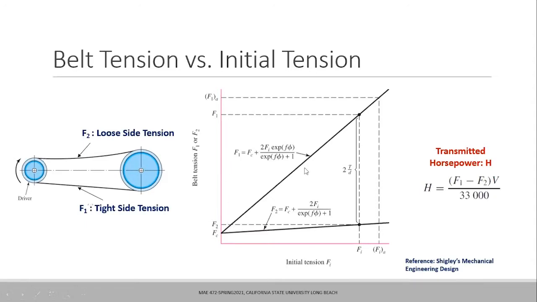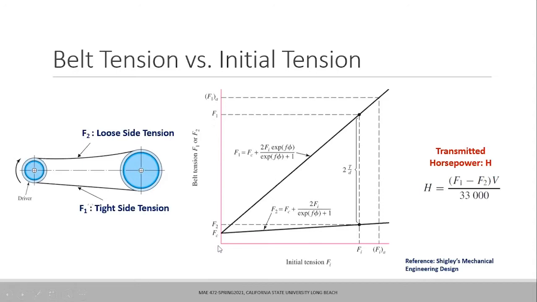If you see, there are two lines. One line represents F1, the tighter side tension. The second line represents F2, the loose side tension. These lines are drawn by plotting F1 and F2 as a function of initial tension.